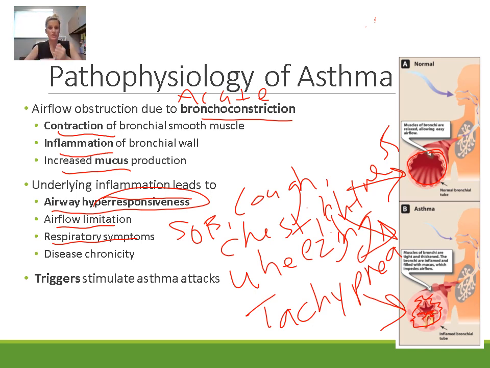So it is important to properly and adequately treat asthma, to try and decrease the number of exacerbations as much as possible, to try and decrease that underlying inflammation as much as possible, so that you don't have remodeling that occurs.